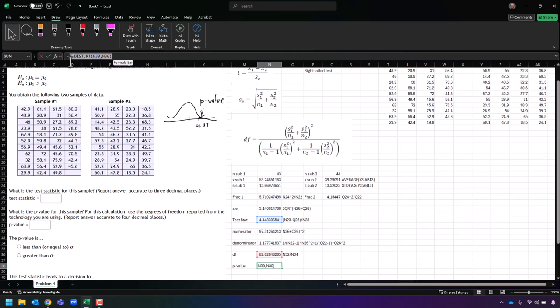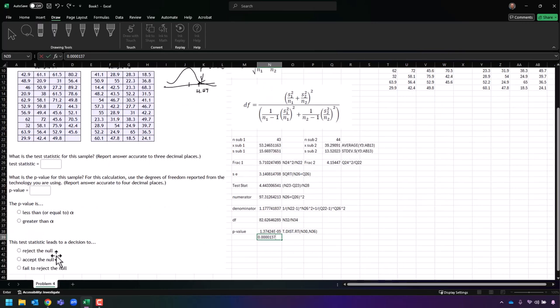Now, this is like 0.0000137. As soon as I click off of it, Excel is going to put it back into a form of scientific notation. Not actually, but anyway. This ends up being less than alpha, and if our p-value is less than alpha, we reject the null hypothesis.